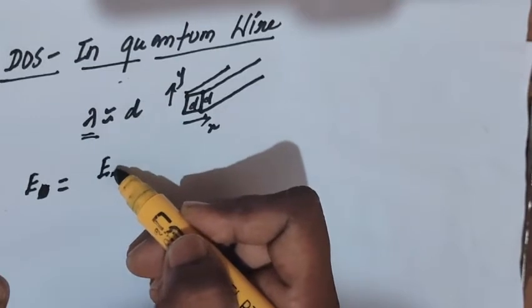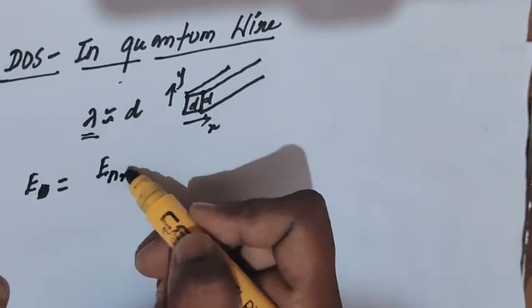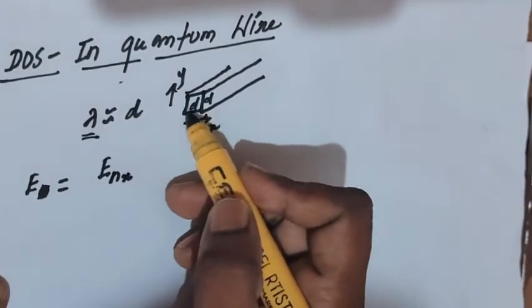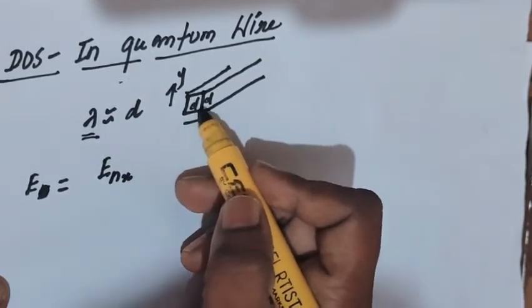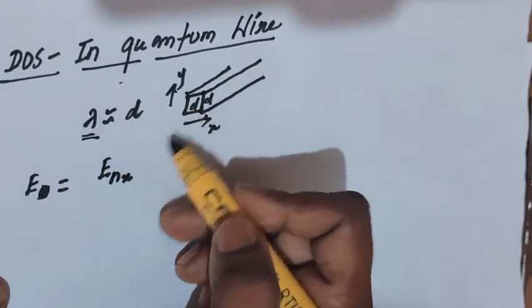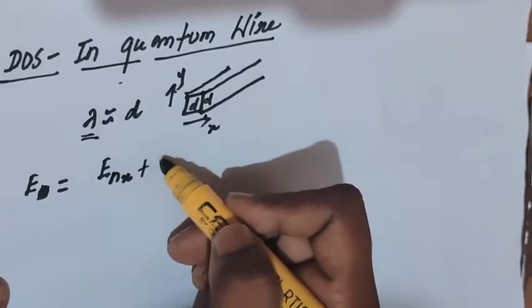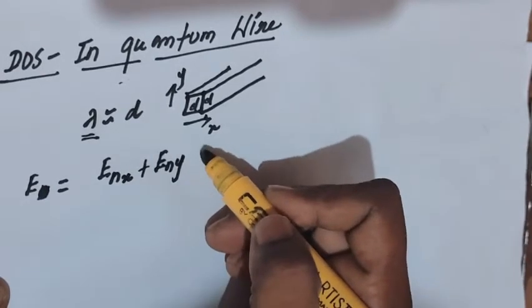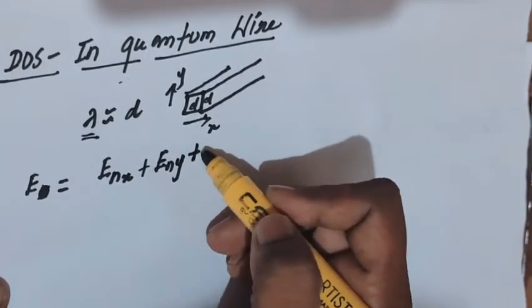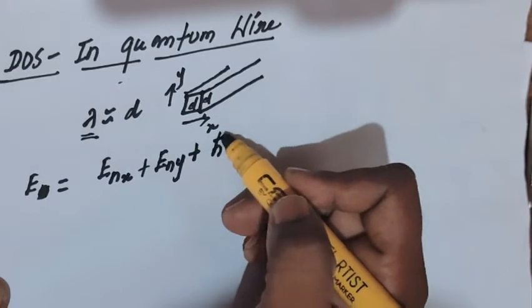The energy of the electron is discrete along the x direction, because it can't move along x. You need to solve the potential well problem for the x direction. That energy is Enx. Along the y direction, the energy is Eny, but in the z direction it is accessing all the energy.